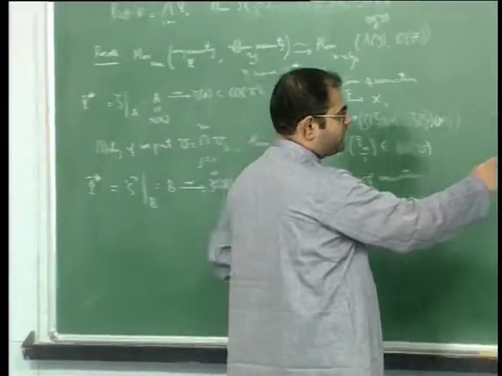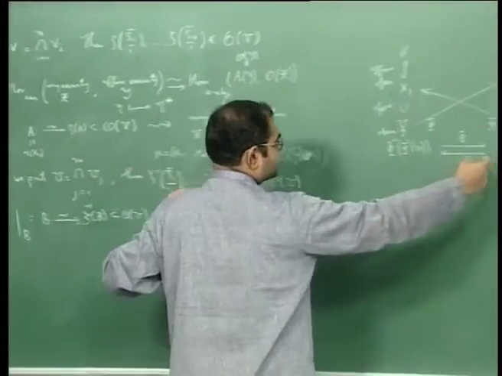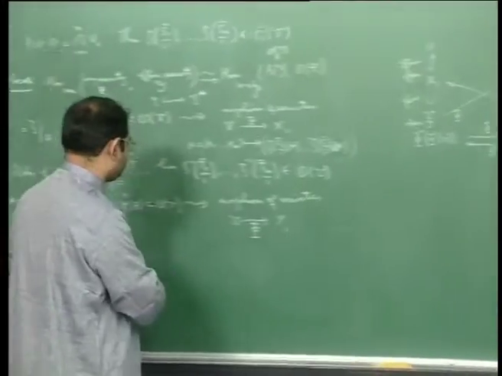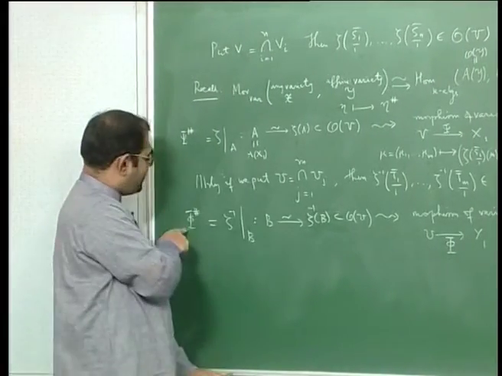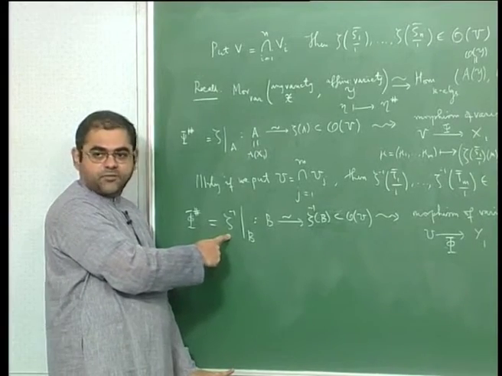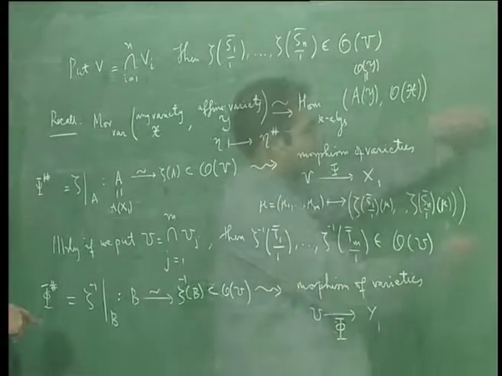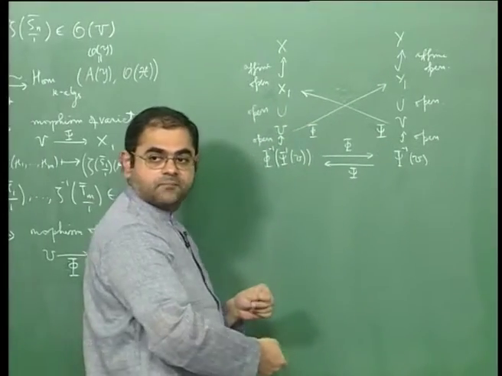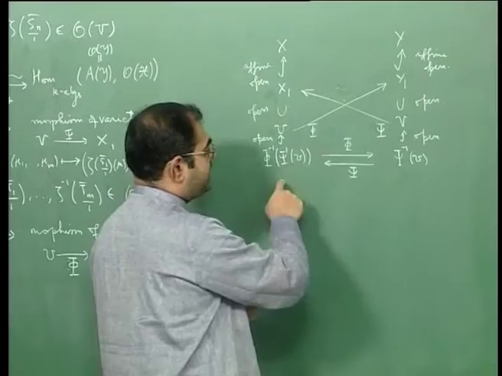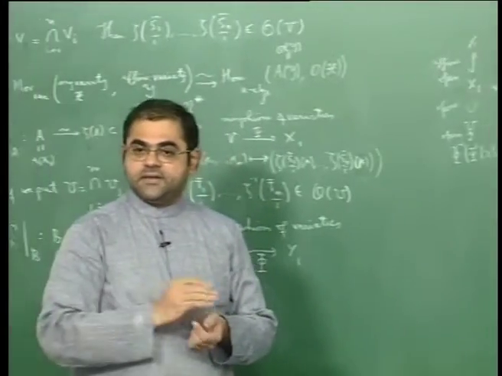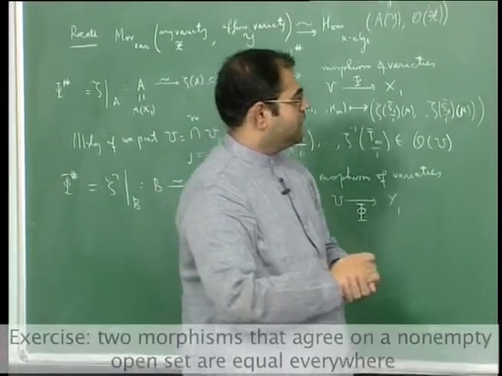So if you go to the quotient field level, psi induces zeta at the quotient field level, phi induces zeta inverse at the quotient field level. So psi composition phi and phi composition psi will induce identity maps at the quotient field level. If you have two morphisms which upon composition induce identity at the quotient field level, then those morphisms have to be inverses of each other, okay.